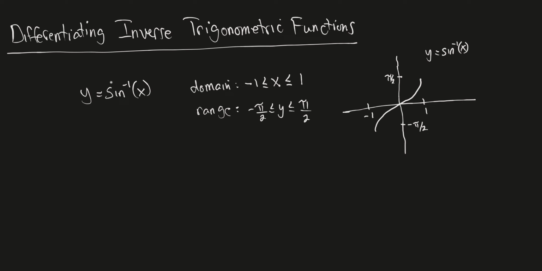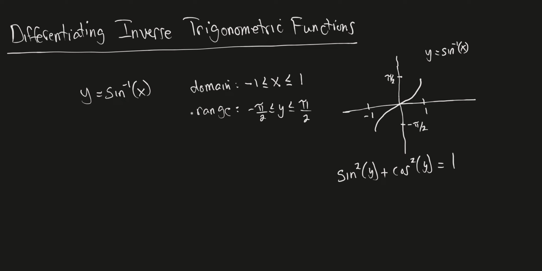Now, before we get to the calculus, I just want to say a couple more things about the trig. There are some important identities, so for instance, we know that sine squared of y plus cosine squared of y is equal to 1, right? So that's an important identity, and we're actually going to make use of this.